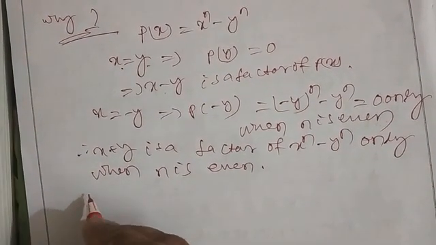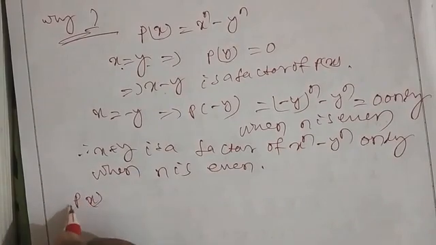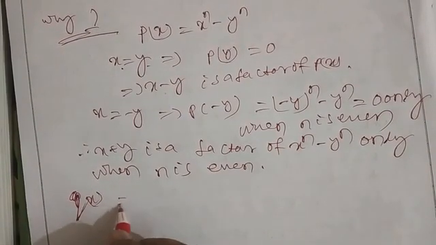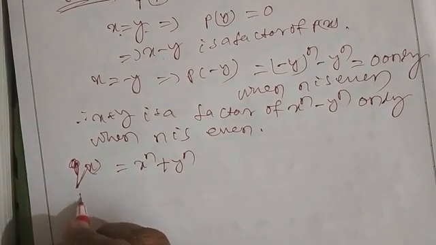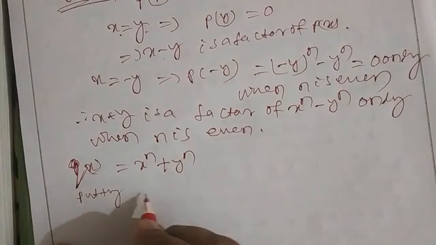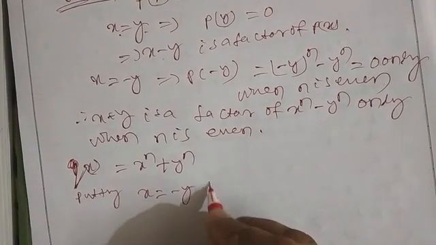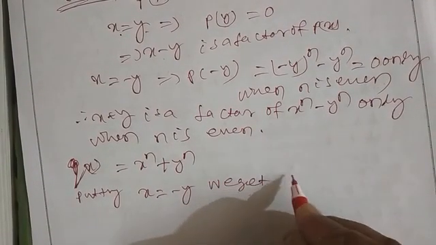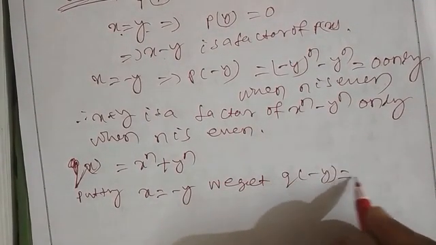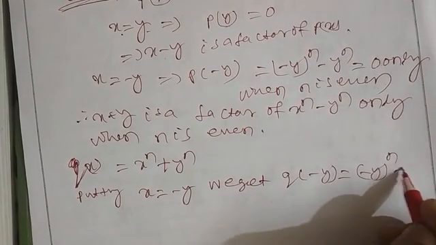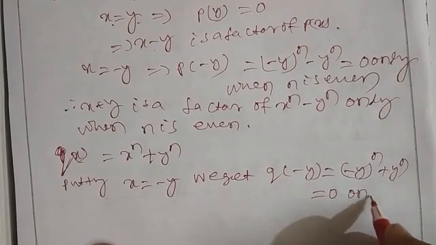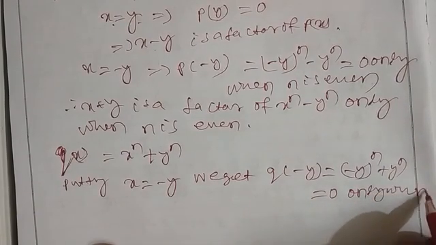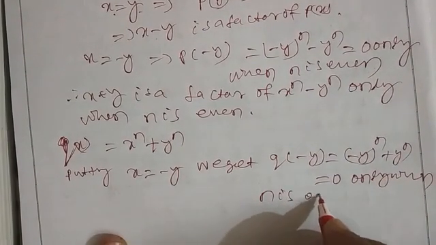Next, about Q(x), I take Q(x) is x to the power n plus y to the power n. Putting x equal to minus y, we get Q(-y) is (-y) to the power n plus y to the power n. This is 0 only when n is odd.